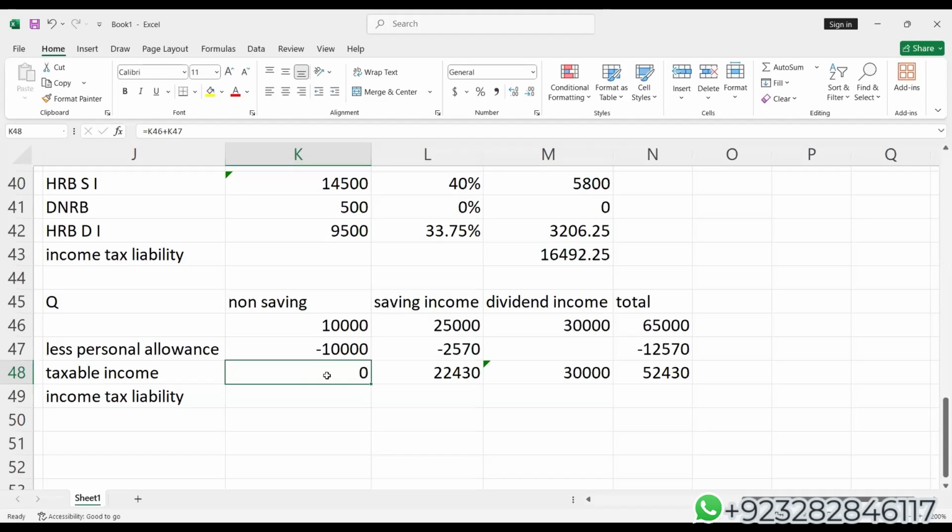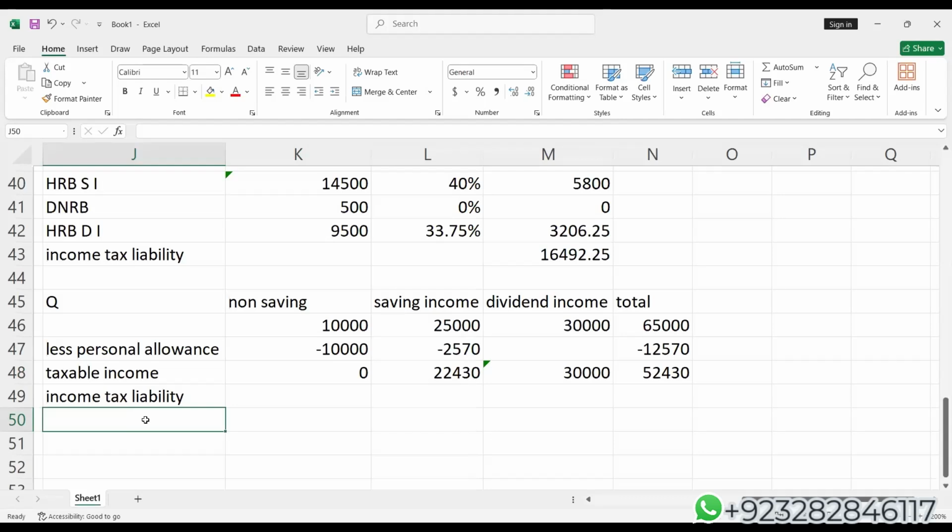Right now, it is zero, so obviously you will get the starting rate band of 5,000. If the taxable non-saving income was £2,000, then we would have taken a starting rate band of £3,000. But here it is zero, so the starting rate band for the saving income is applicable, which is £5,000.